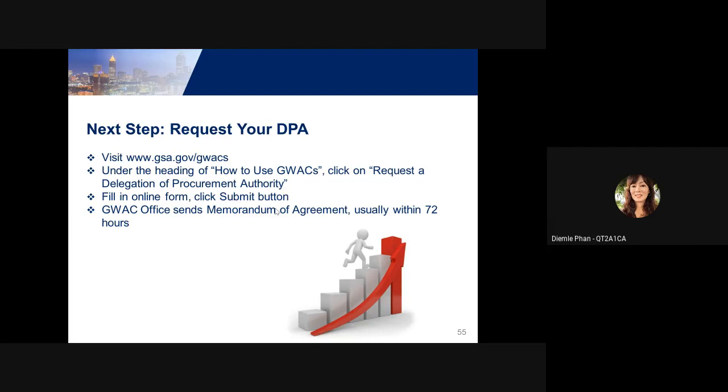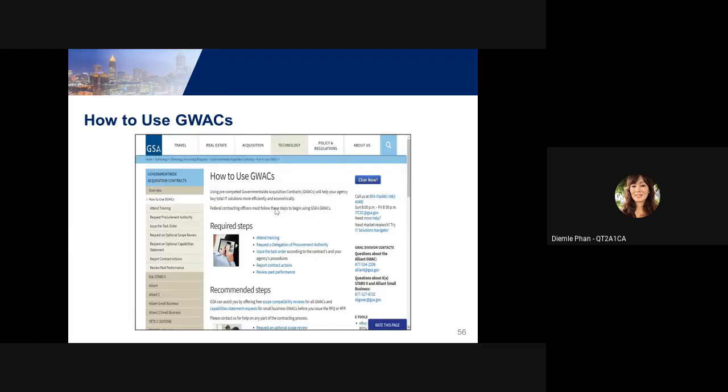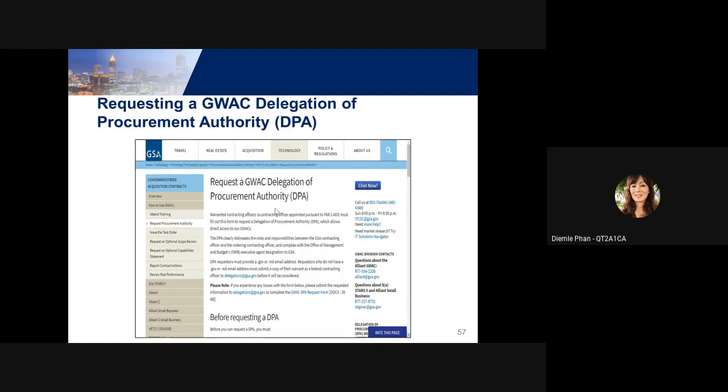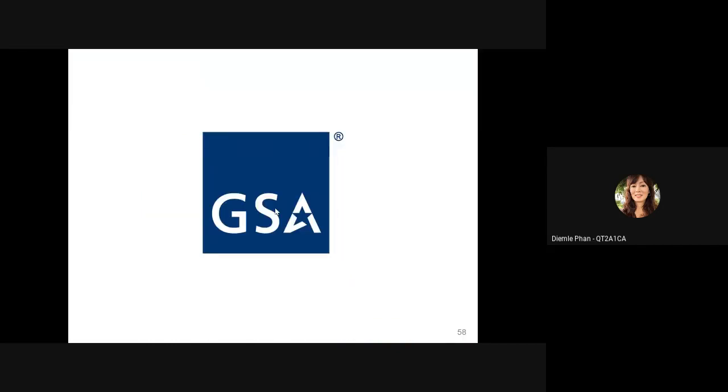Now you're officially an authorized user of Alliant 2 GWAC. This is what it looks like when you go to the how to use GWAC website. And this is the request for a GWAC delegation of procurement authority. I'm sorry, procurement authority, yep.